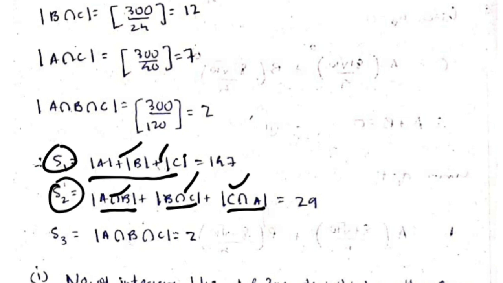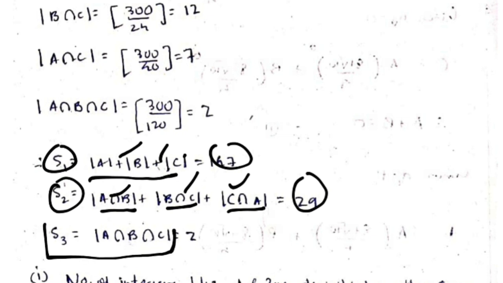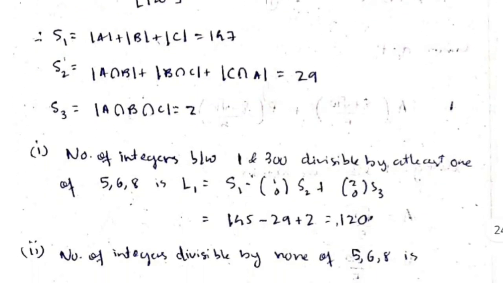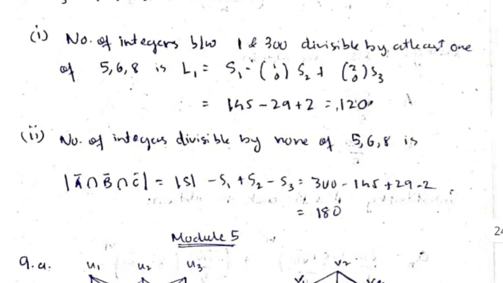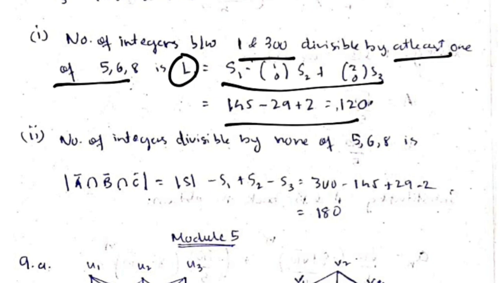So we will just substitute these values and find out the answer here. Okay, and S3 is all 3 together, which is 2. Now after doing this, we have to find out how many of these are divisible by at least one of this. Okay, if it is at least, you will use L1. Use the formula to find the answer here, and number of integers divisible by none of 5, 6, 8.